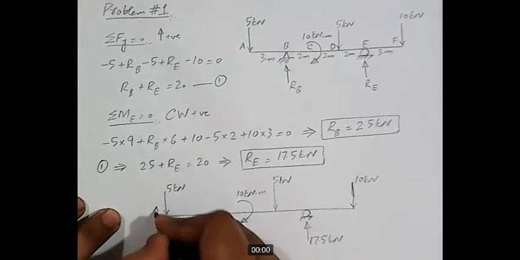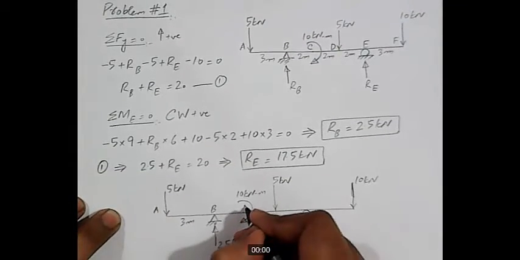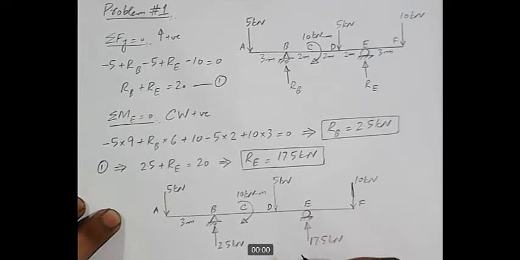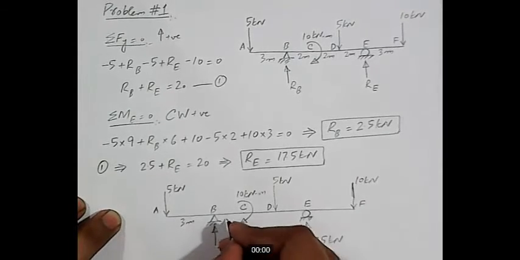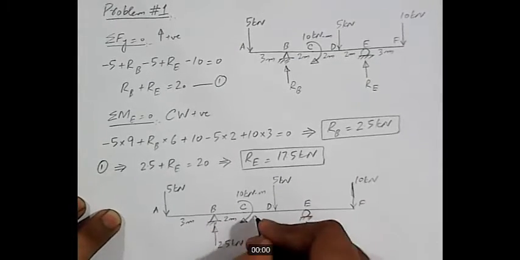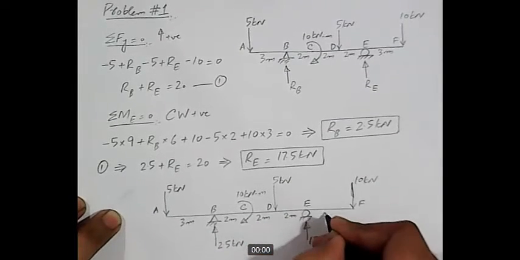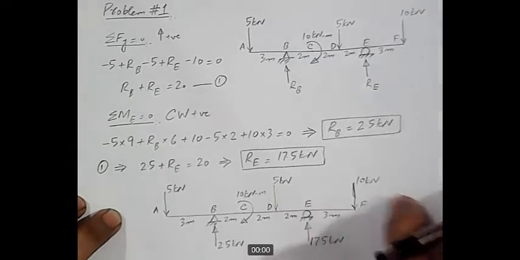Let me label the beam first: A, B, C, D, E and F. If you remember, in this beam we had to consider a lot of portions, 1, 2, 3, 4, 5. So if you go for the conventional method, by writing down the equations, we'll have to consider 5 different portions, and for each portion we'll have to write down the equation of shear as well as bending moment. 3, 2, this is 2 meters, and this is 2 meters, and this is 3 meters. Okay, so here is the beam.